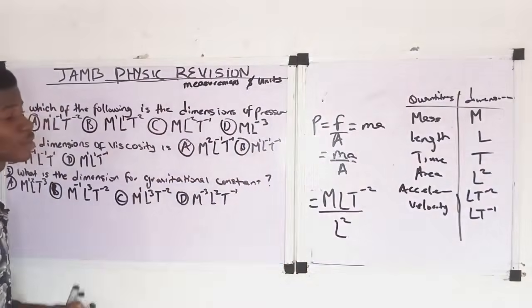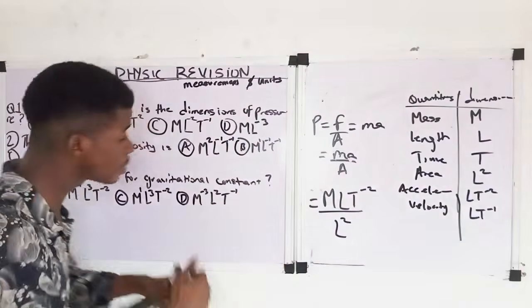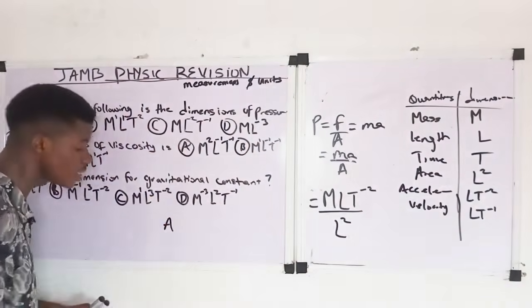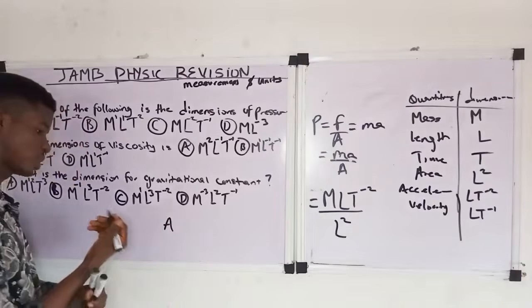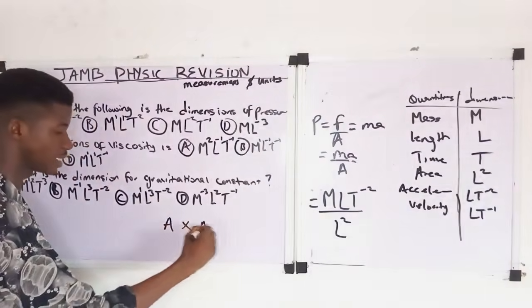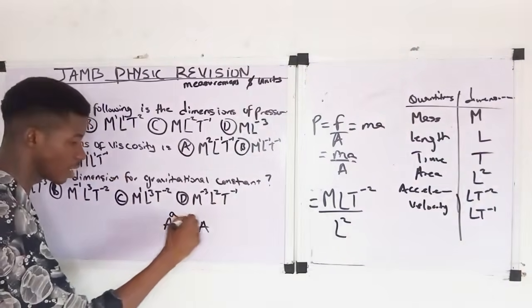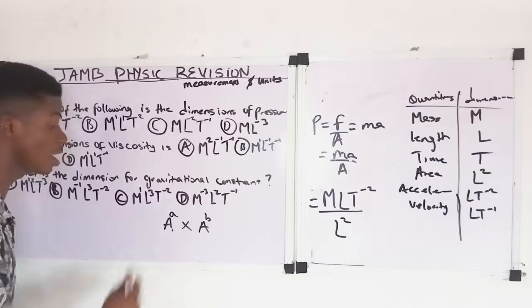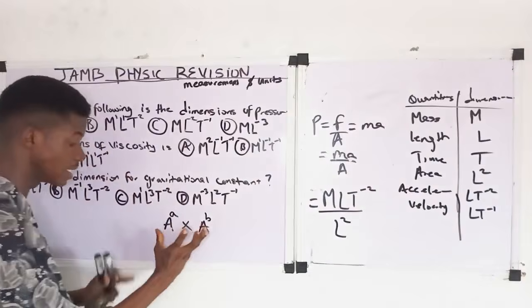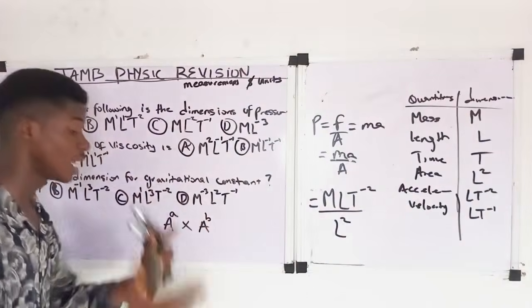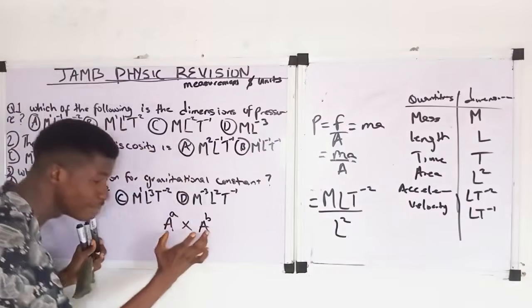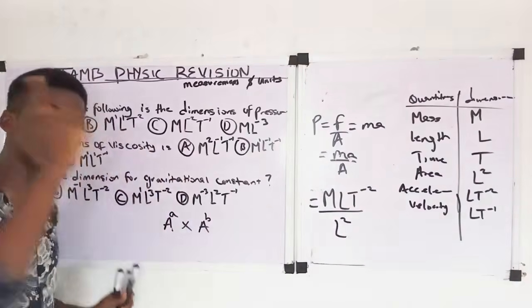The very first law under indices is this: when the same base carries powers, and they multiply each other, what are we going to do?